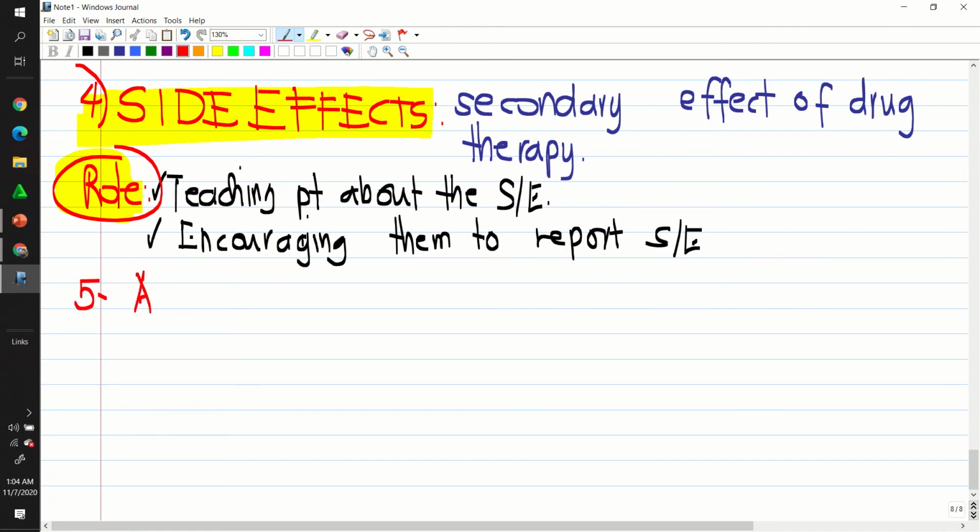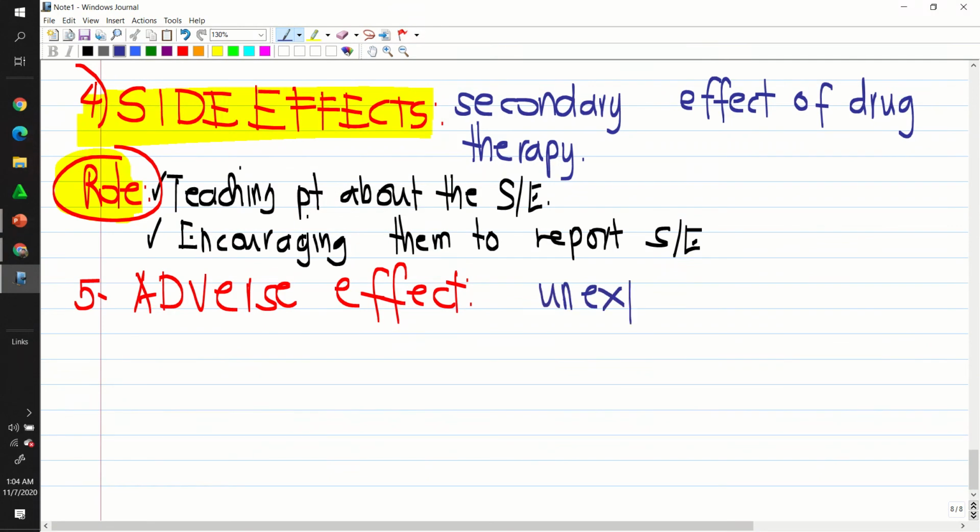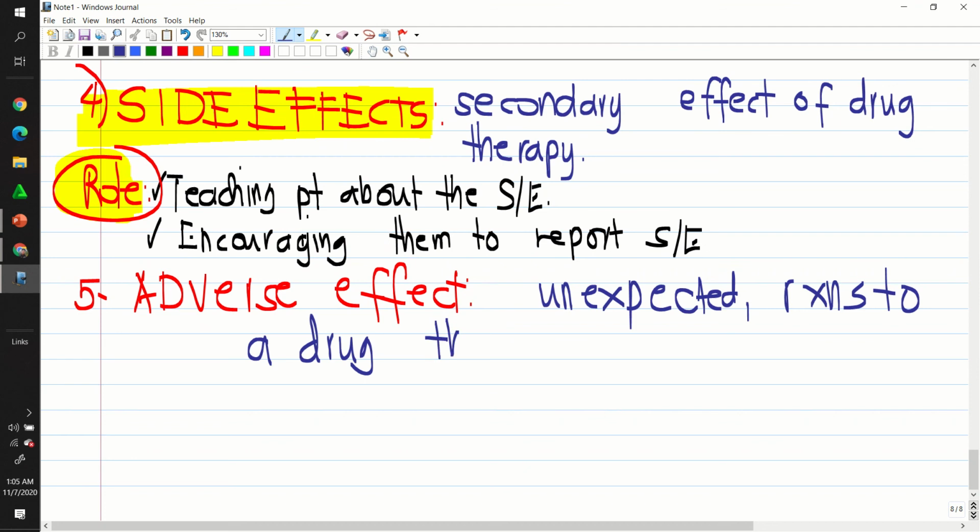Another, number 5: adverse effect or adverse drug reaction. Obviously, adverse drug reactions are unexpected. They're actually unintentional reactions to a drug therapy that occur at normal drug dosages.